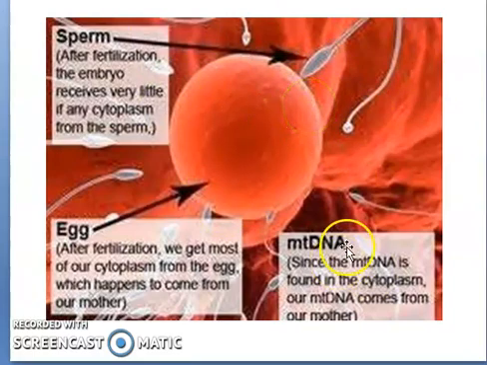Since mitochondrial DNA is found in the cytoplasm, our mitochondrial DNA comes from our mother only, because as I said, only the nucleus is transferred from the sperm to the egg cell, resulting in the diploid nucleus, but the cytoplasm remains that of the mother itself.